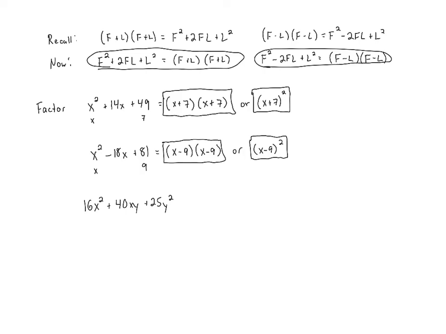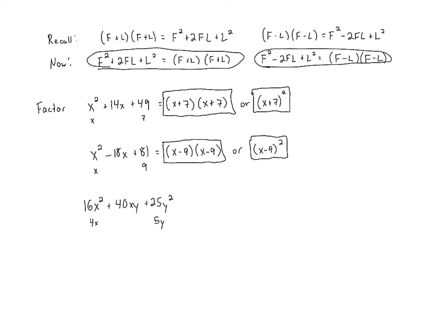Let's go through and verify that. The first term is a perfect square. It's 4x squared. The last term is a perfect square. It's 5y squared. If we take the product of 4x and 5y, we get 20xy. And if we double it, that gives us 40xy.